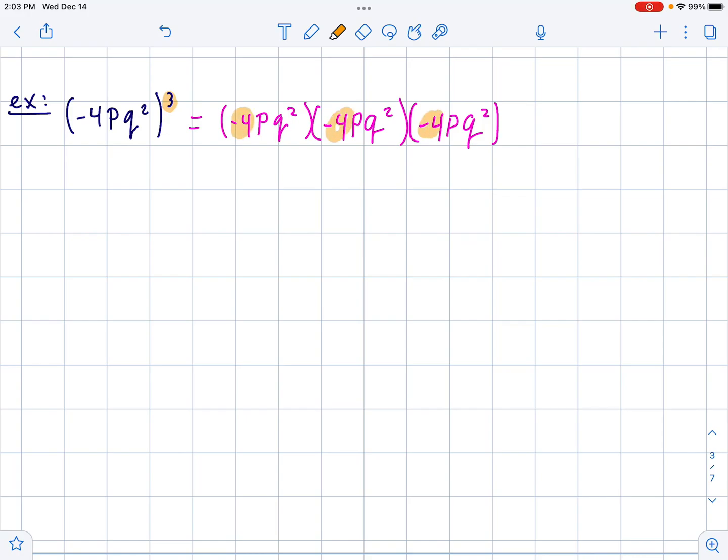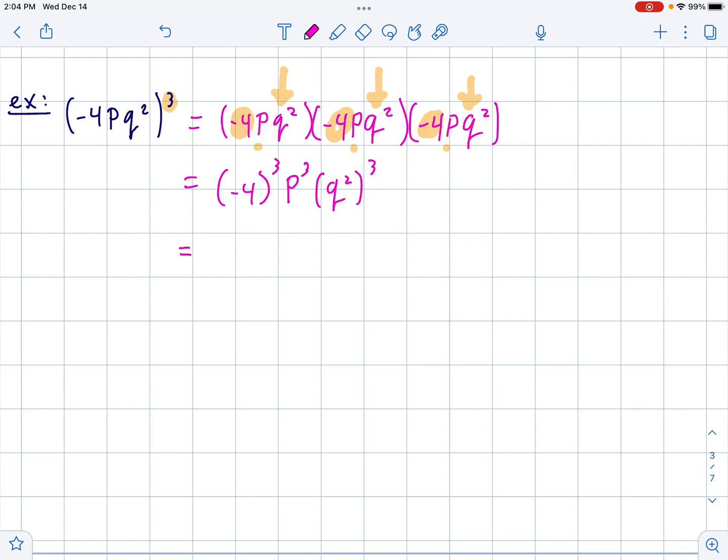Eventually, you can sort of see the pattern that if you were to expand it, you would have 3 sets of negative 4s, which means that we get negative 4 cubed. Then, if you have 3 p's, that means we get p times p times p, which is p cubed. And then, if you have q squared times q squared times q squared, you get q squared to the 3rd.